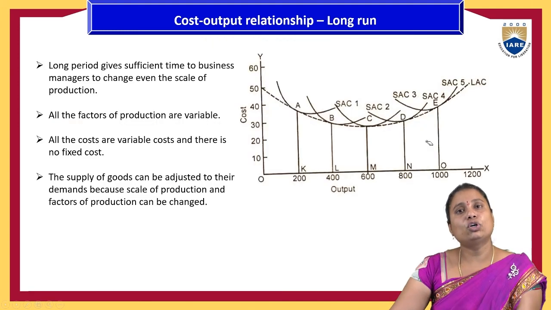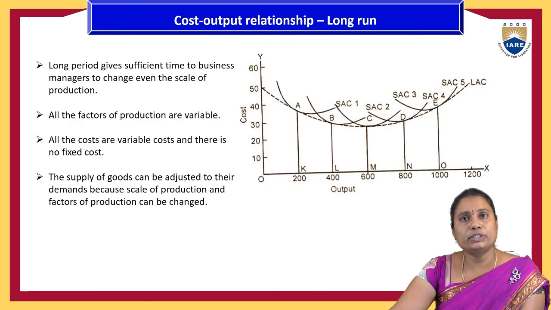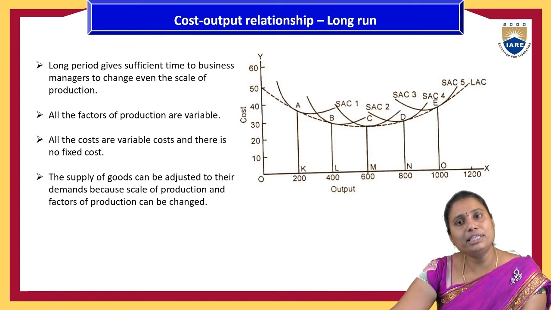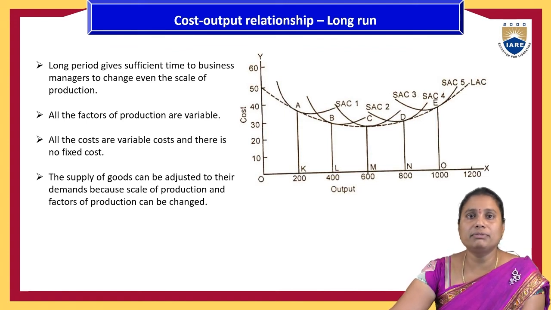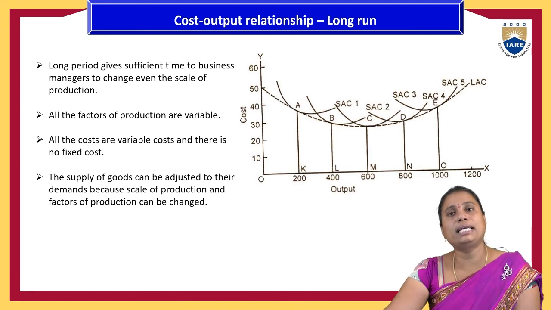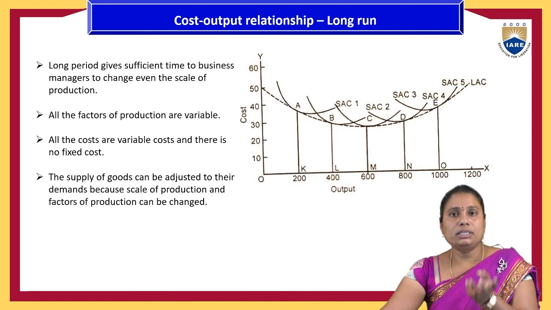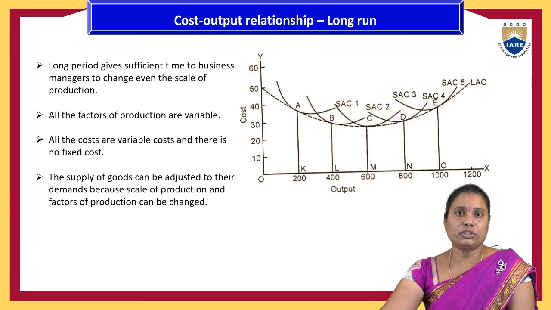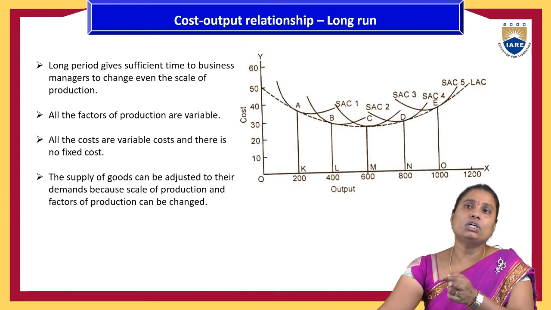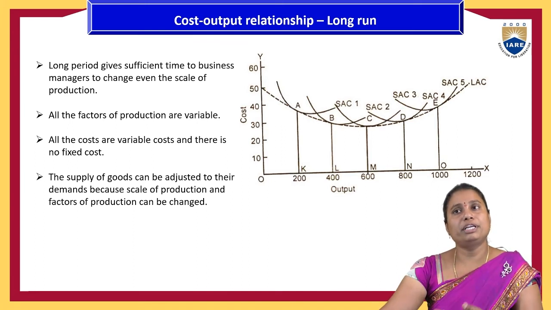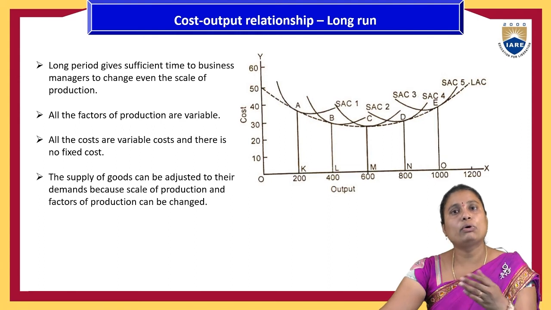But in the long run relationship under the cost output relation, everything is called variable. Here they might want to change to another land, or establish another unit for production. So even the fixed cost will change and variable cost will mostly be constant.